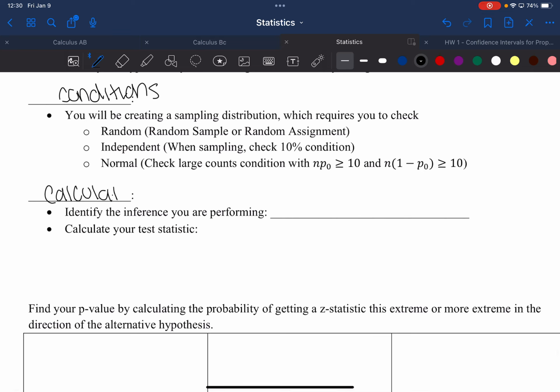On the calculate portion, you need to do two things. You need to identify your inference, either by name or by formula. And remember, what's the inference we've been doing this whole unit?